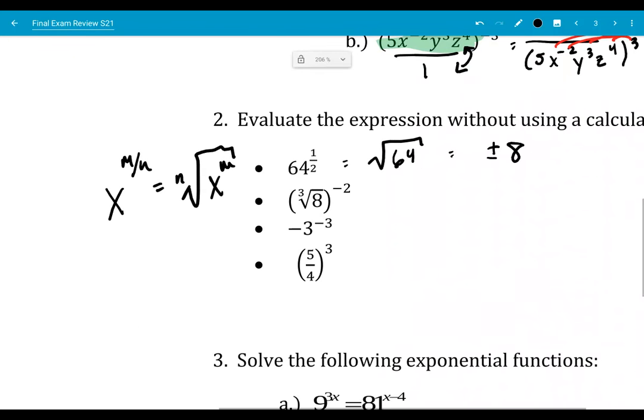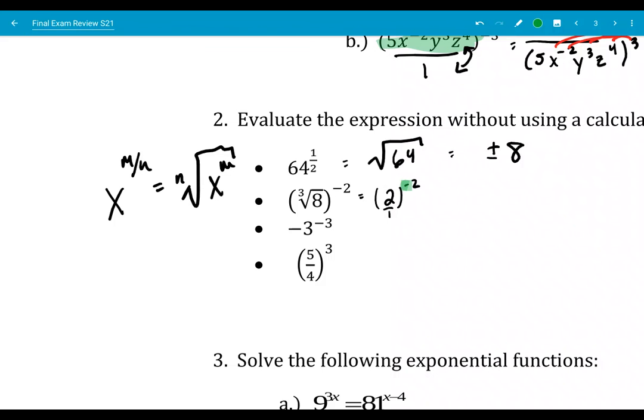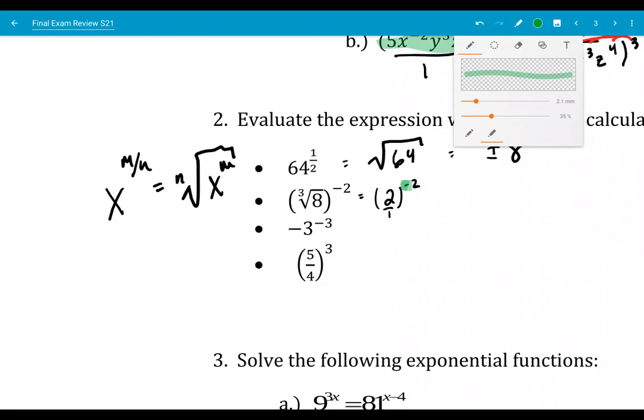So for the next one, I have a negative exponent. So keep in mind, we can simplify the cube root of 8, which is 2, to the power of negative 2. So there's a negative exponent again. We just talked about that. So I'm going to put this 2 over 1. So because of that negative again, that negative means that I have to flip what's inside the parentheses, or what that negative exponent is attached to.